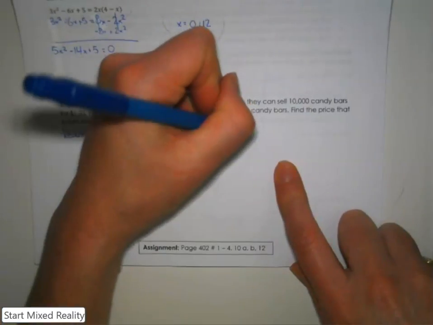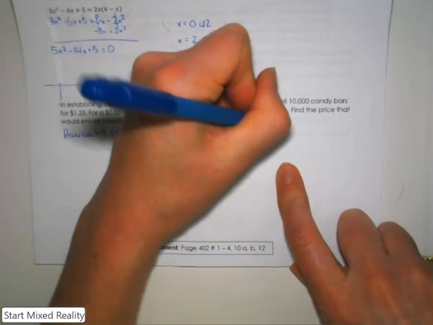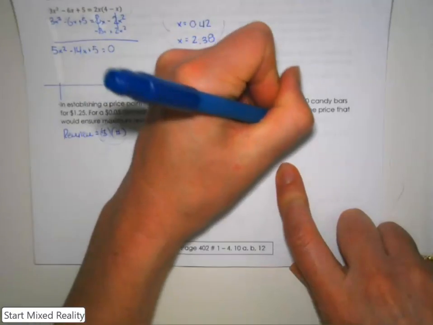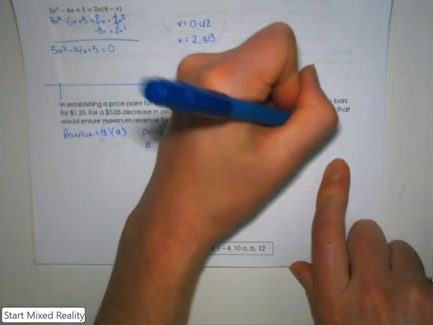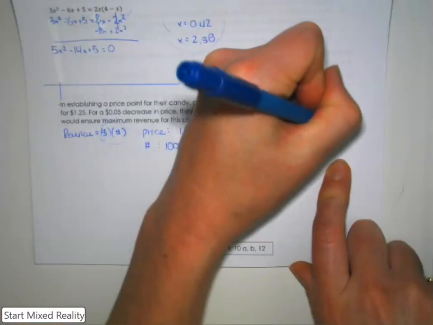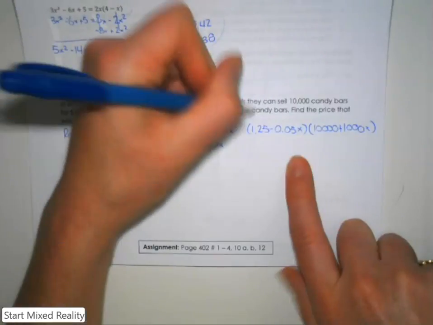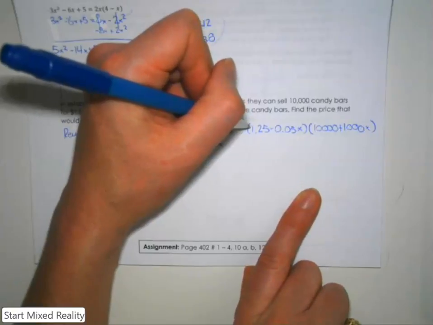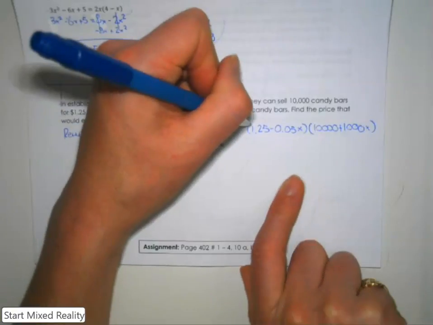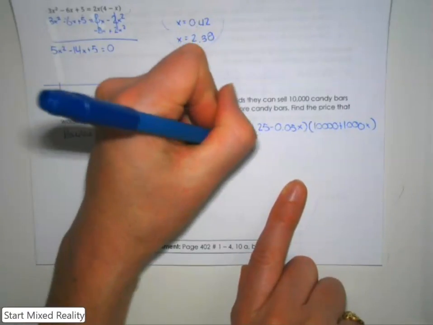So it's going to be 1.25 minus 0.05x, times 10,000 plus 1,000x. Okay, so you would want to just multiply that out. 1.25 times 10,000 gives us 12,500.